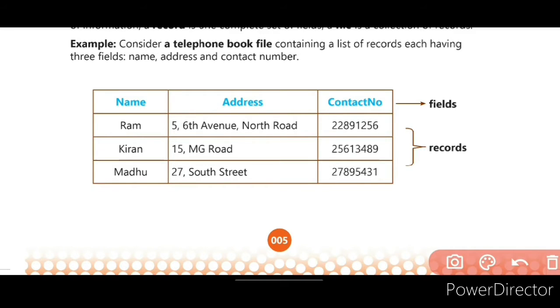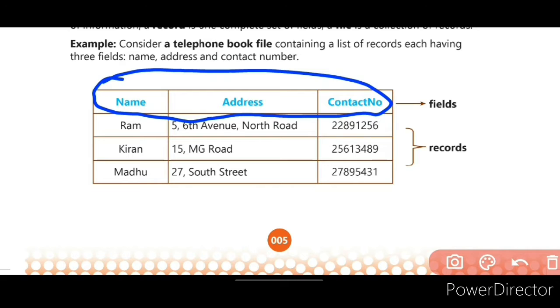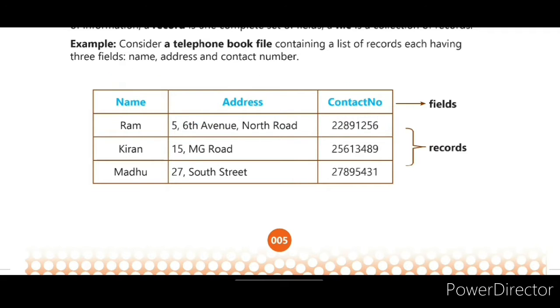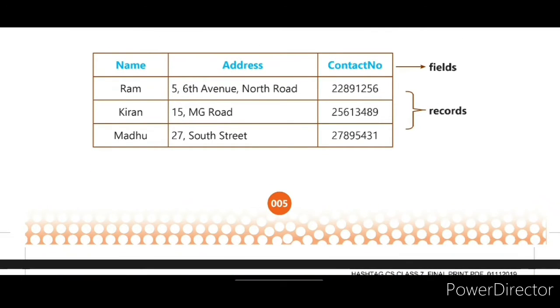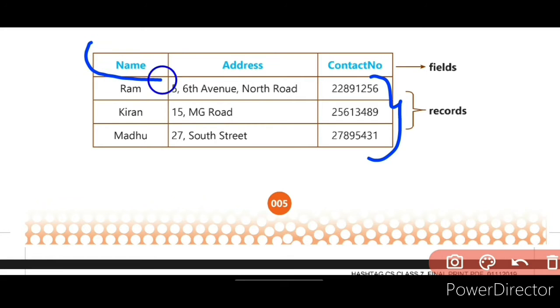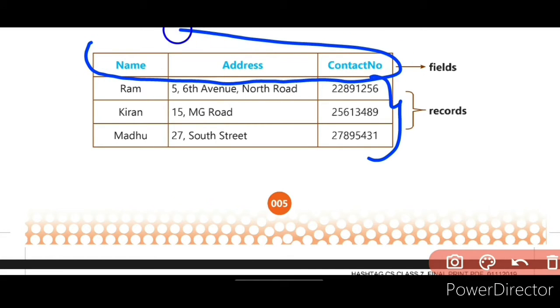See here, name, address and contact number are the fields. The data given under these columns are called records. See here, these are called records, these are called fields.